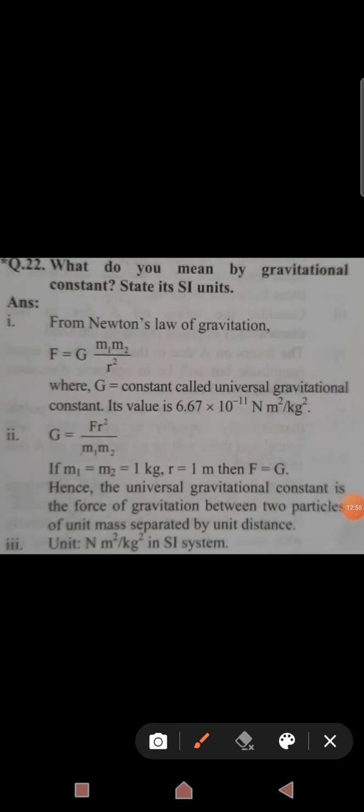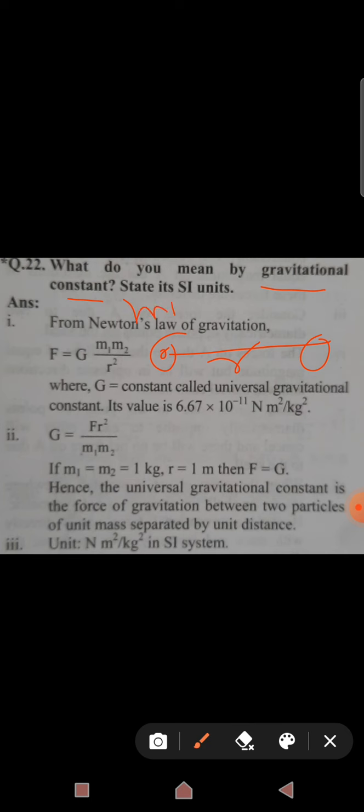Friends, when we are writing the gravitational constant, as I have told you, Newton's law of gravitation says that every particle of matter attracts every other particle with a force. Suppose m1 and m2 are two points separated by the distance r.